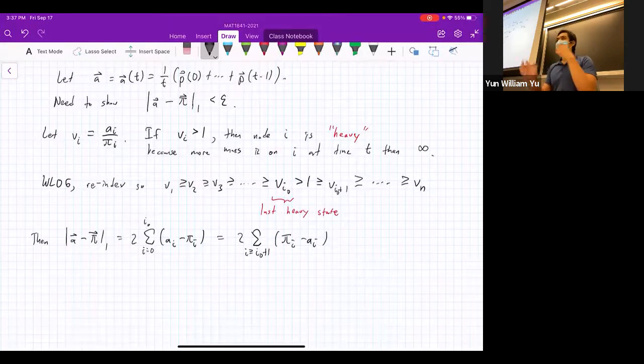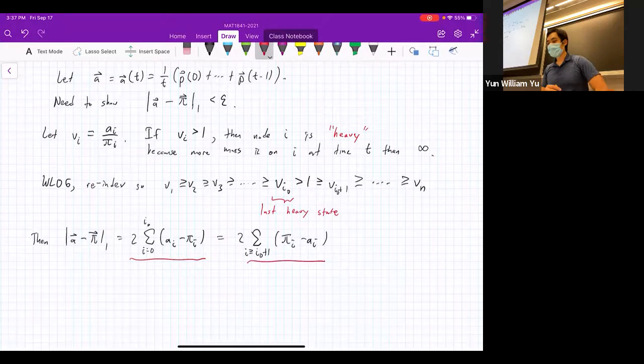Yeah, so it has to do with the fact that you have this balance, right? So here in this piece, we're looking at all of the heavy states. In this piece, we're looking at all of the light states. And so if you look at this difference, basically what you're saying is that all the extra mass in the heavy states has to be exactly balanced by a lack of mass in the light states.